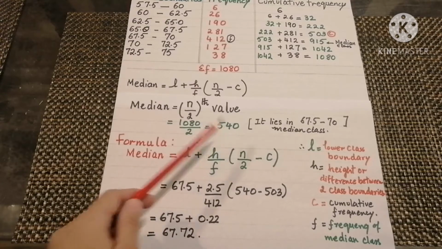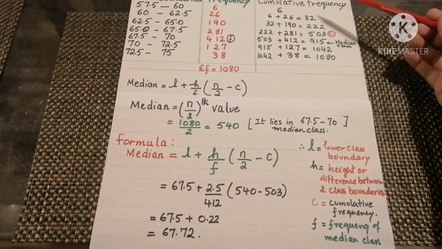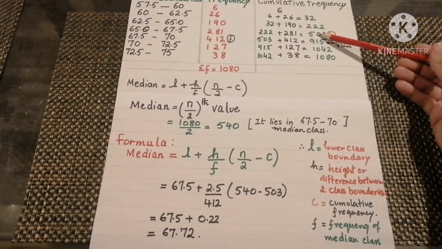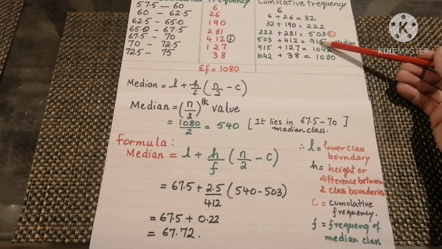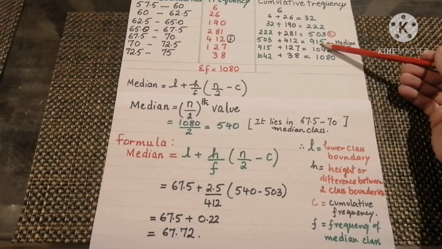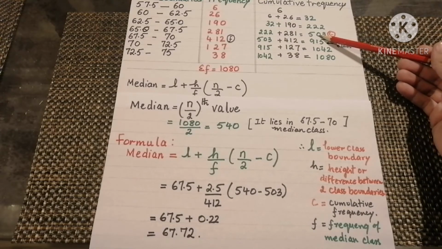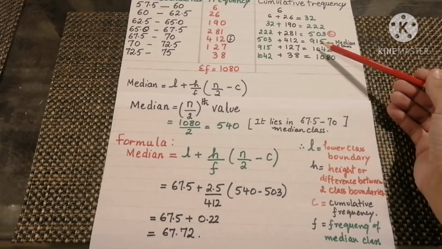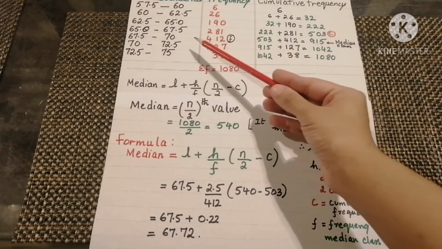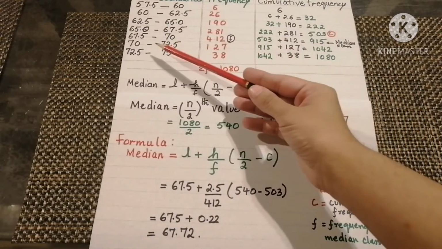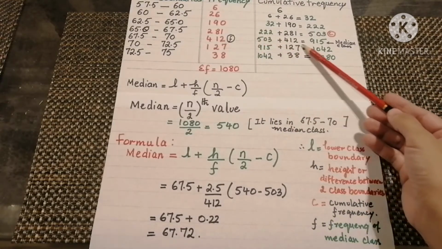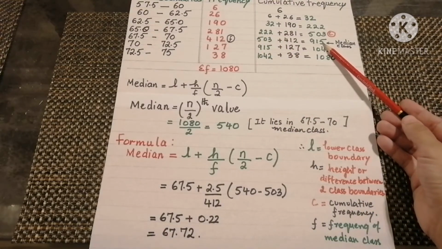Now here in the cumulative frequency table you can see we have the value 503 and 915. So the median value lies over here. It is greater than 503 because we have calculated it is 540. So we will say that this is the median class, 67.5 to 70 having frequency 412 and cumulative frequency 915.